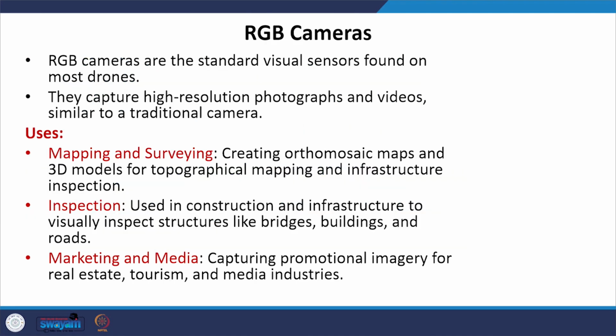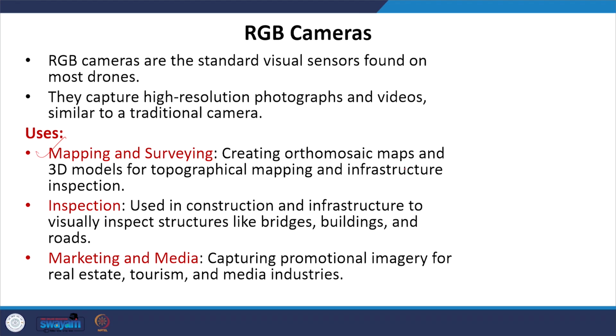The RGB cameras are standard visual sensors found on most of the drones. They capture very high resolution photographic and video data similar to a traditional camera. We can use them in various applications like mapping and surveying, where we can create 3D models or orthomosaics for topographical mapping and infrastructure inspection.